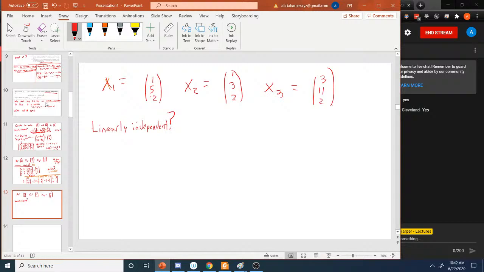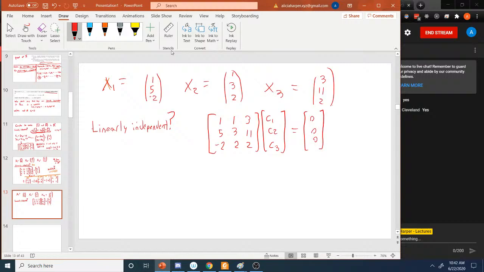And I'm going to go through the same process and set up the following matrix equation. So 1, 5, negative 2, 1, 3, 2, and then 3, 11, 2 times C1, C2, C3, all set equal to the 0 vector. And I want to know if there's a non-trivial solution to this. So A times C is equal to 0.